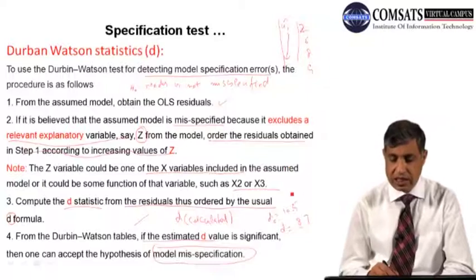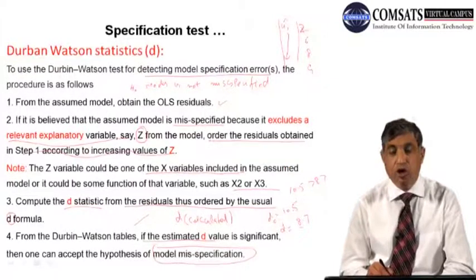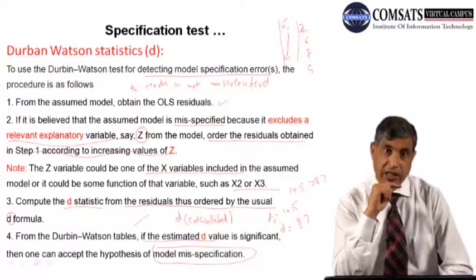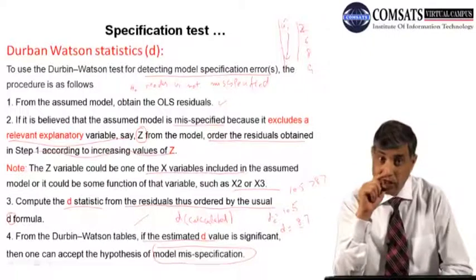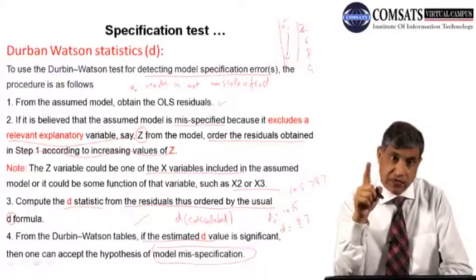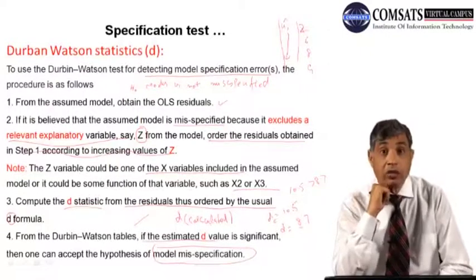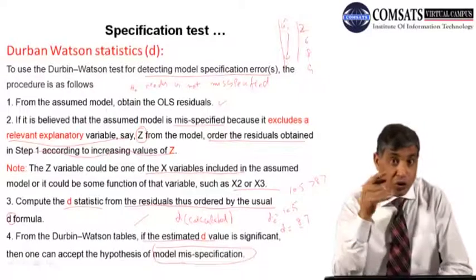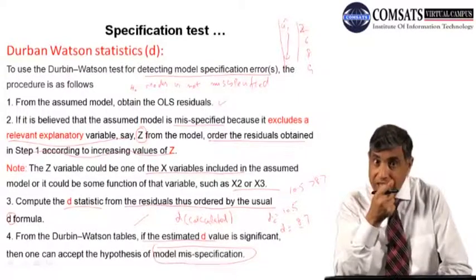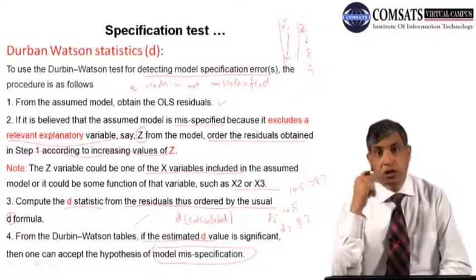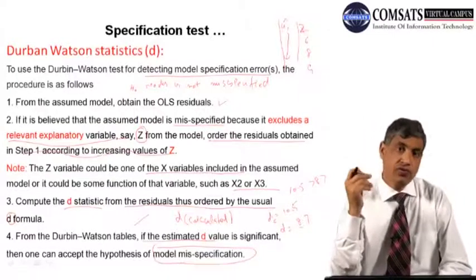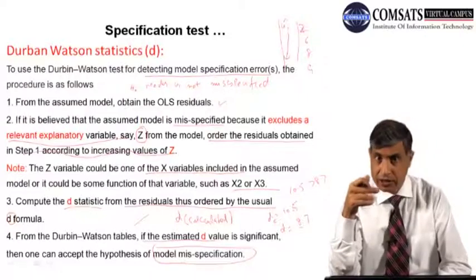So 10.5 is greater than 8.7, so you reject the null hypothesis and you are saying that the D statistic is significant. If this is significant, you can say the model is misspecified. So now you are trying to bring the evidence that the D statistic is not significant. This is how we form the null and the alternate hypothesis.